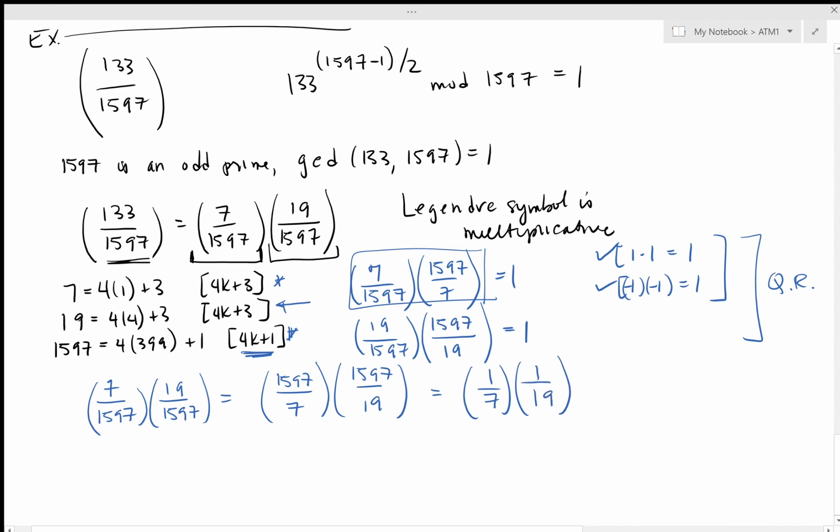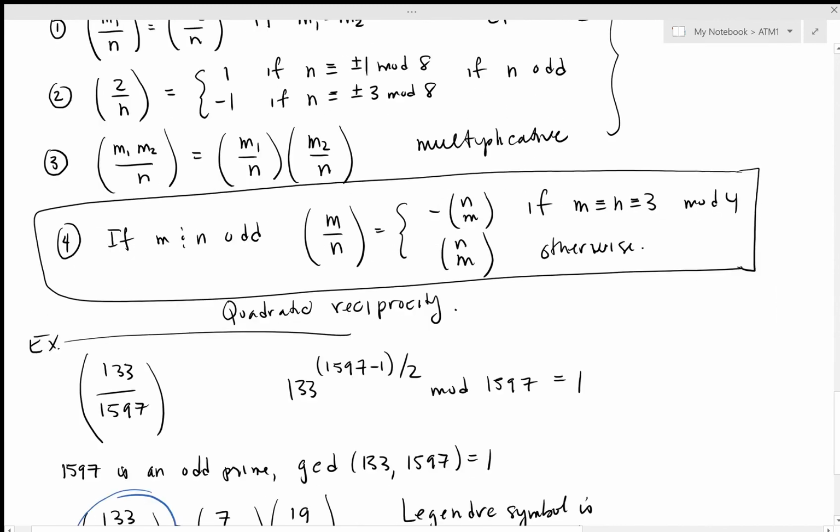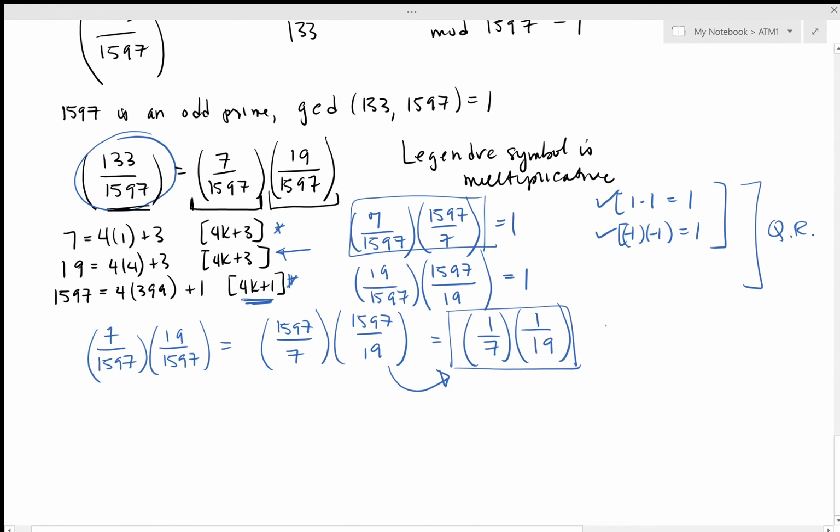So now my problem of finding the original Legendre symbol is boiled down to finding the Legendre symbol here. This step right here, let's take a look back. Yeah, that was property 1. The Legendre symbol is periodic. That is the periodic property right there. Now I can easily figure out that the Legendre symbol is 1: is 1 a quadratic residue mod 7?